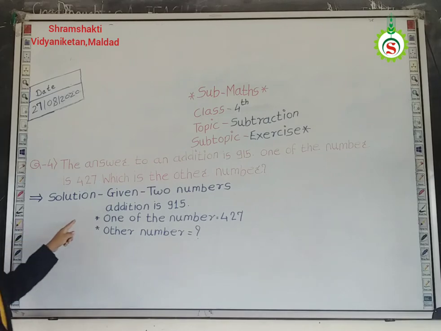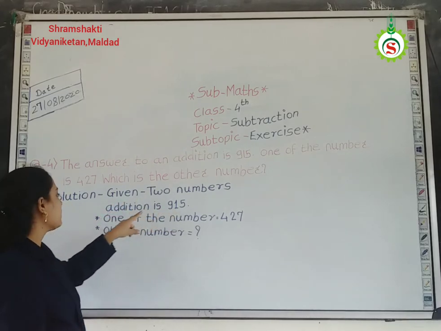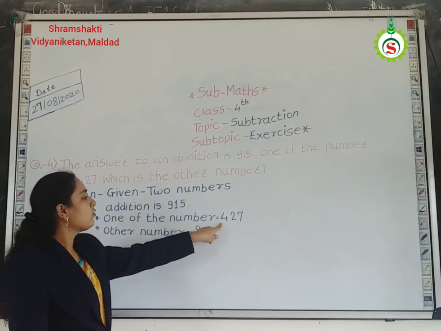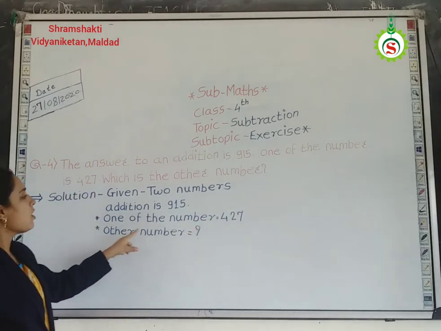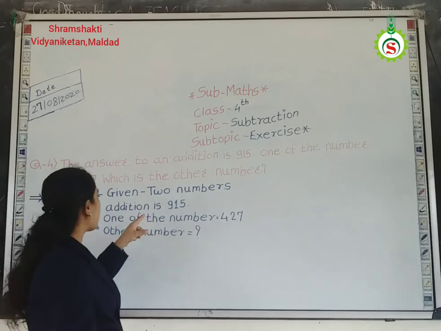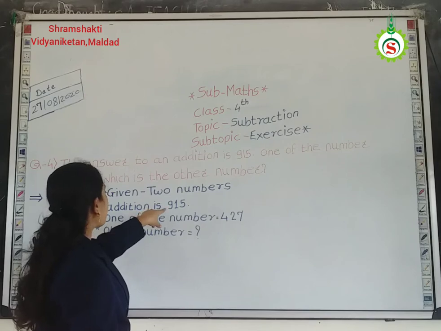So, see here, the addition of two numbers is 950. One of the numbers from these two numbers is 427 and we have to find the other number. So what do we have to do? We have to do subtraction between these two numbers.